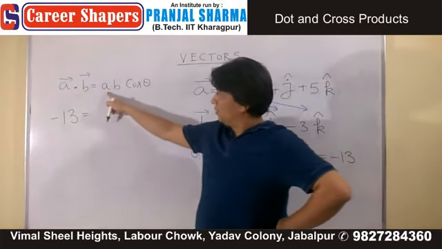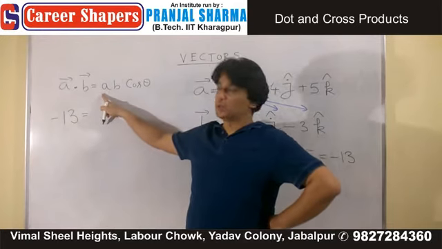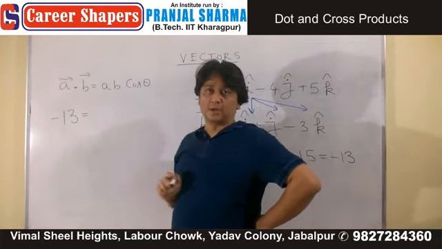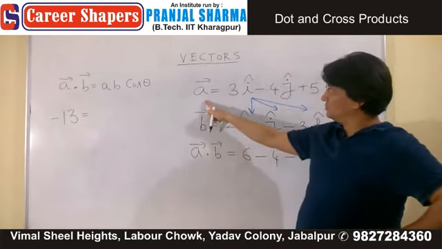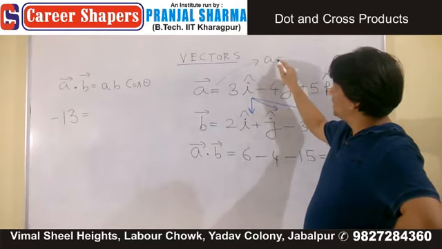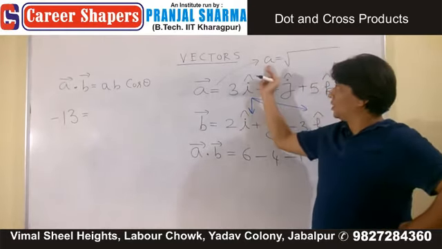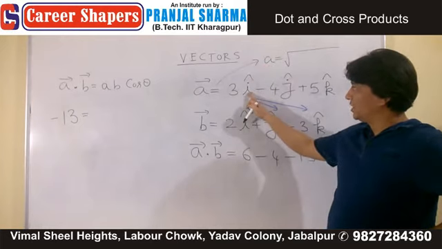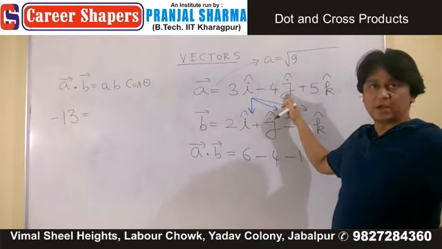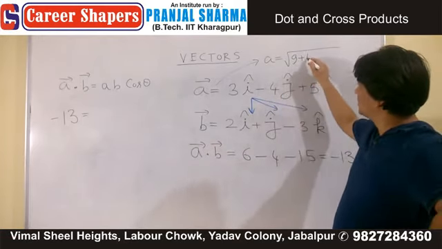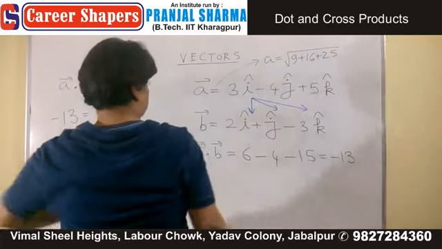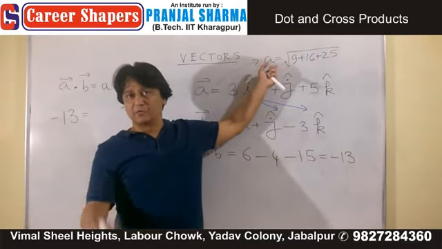Now, what did I tell you about A and B? This A is the magnitude of vector A. This B is the magnitude of vector B. If this is A, then how do you find the magnitude? Coefficient of i, square of that, 9. Coefficient of j, square of that, 16. Coefficient of k, square of that, 25. Very elementary thing, very simple thing.